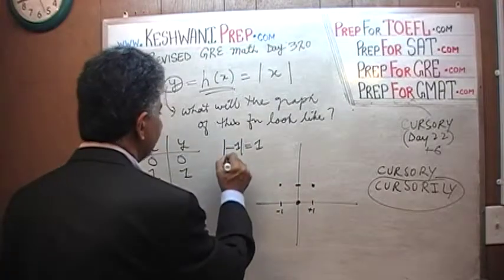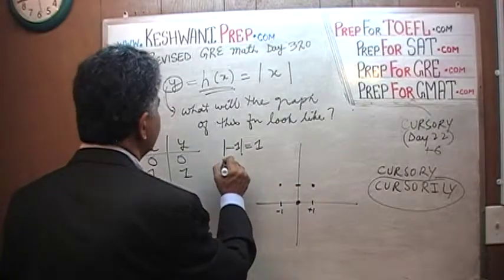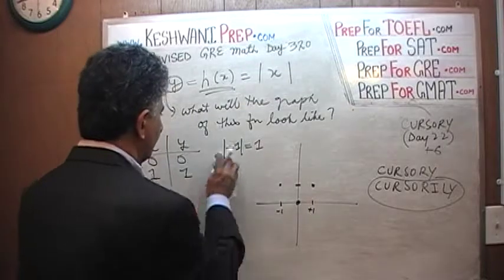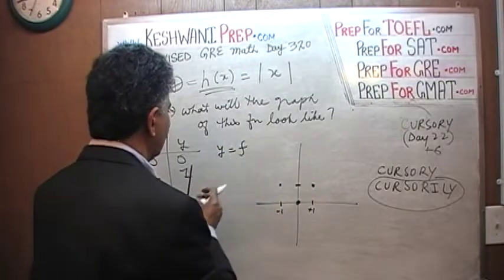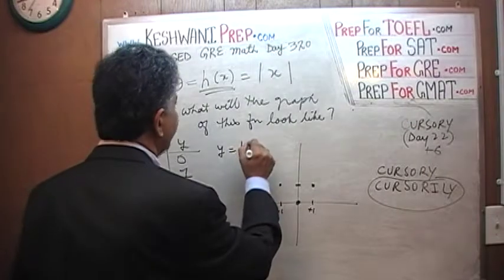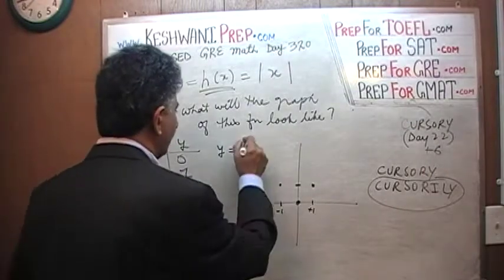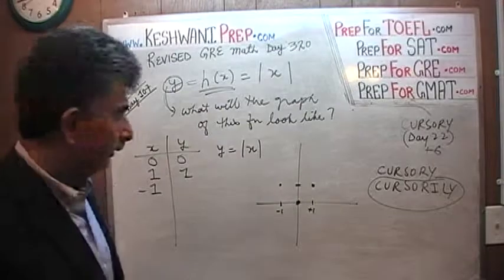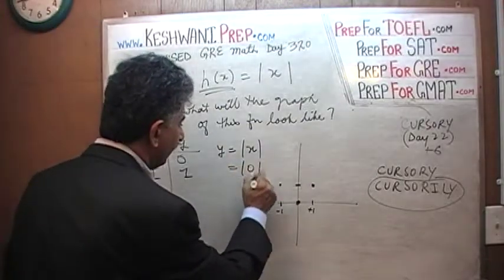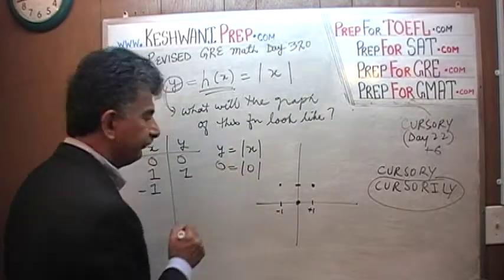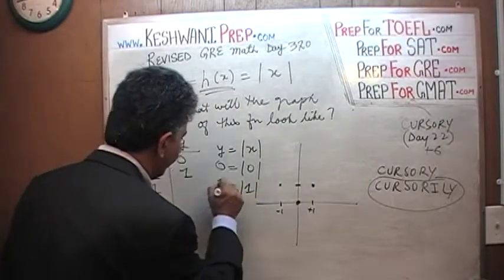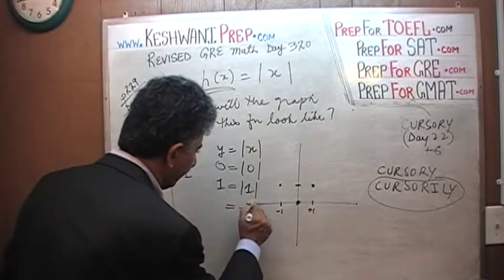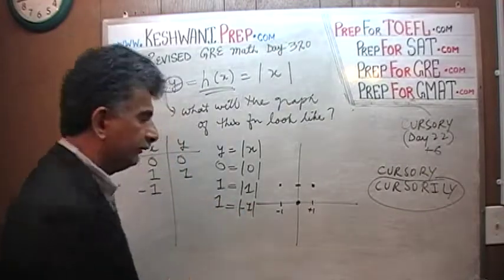I should write it like this: y equals f of x equals absolute value of x. So when x is 0, y is 0. When x is 1, y is 1. When x is negative 1, y is 1 again.